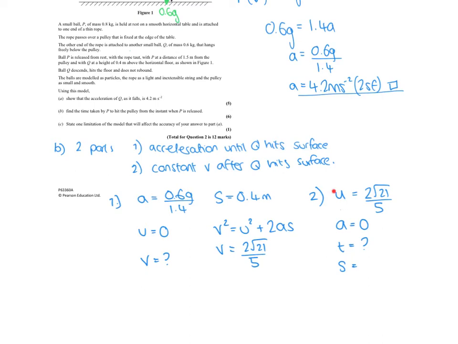So we're saying, okay, well, if it's travelling at this speed, which it will be after Q's hit the ground, how long will it take to cover that distance? I'm going to do s equals ut plus a half at squared. It's pretty straightforward because we don't have an acceleration.